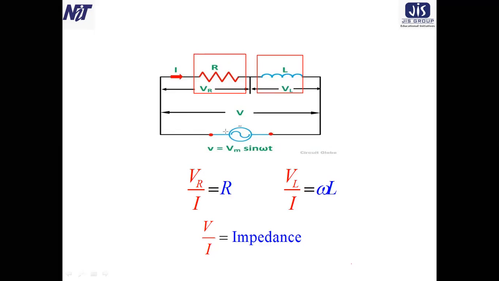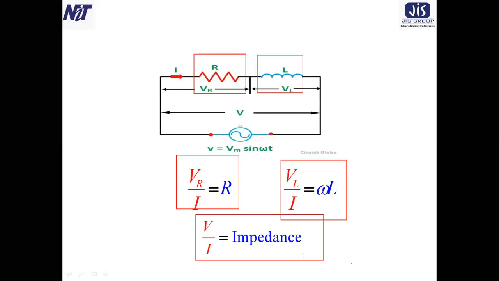The resistance is VR by I, where I is the current flowing through this resistor. So VR by I equals R, and VL by I equals omega L. The impedance equals V by I, the total voltage divided by I. In this way, we can find the impedance of a given circuit.